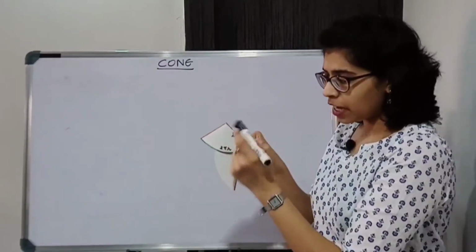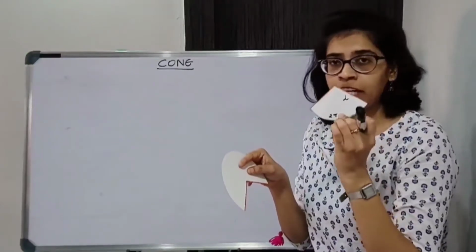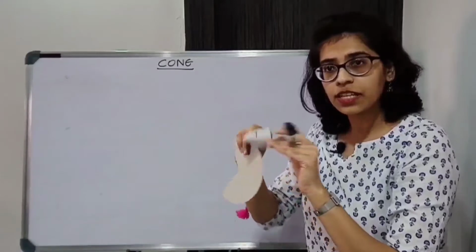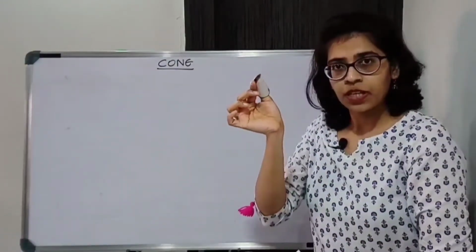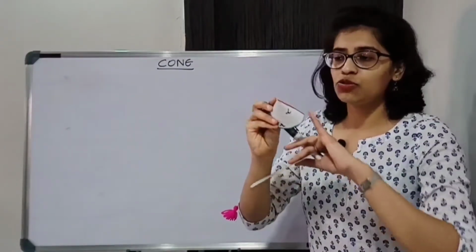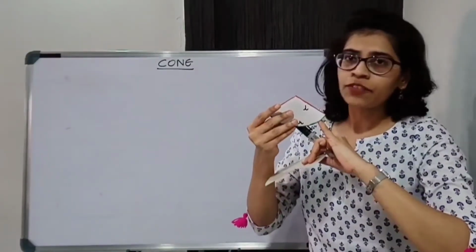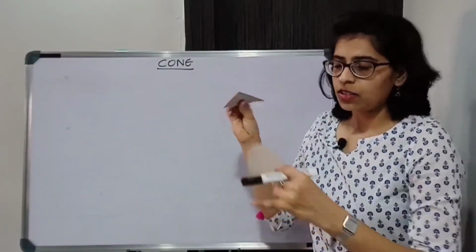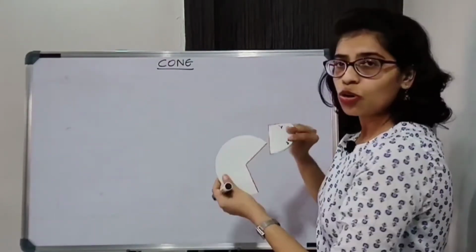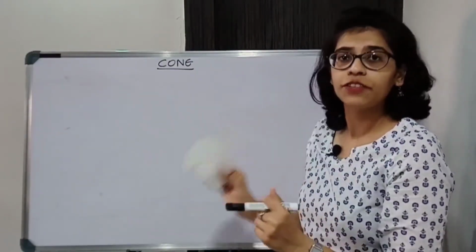Now if I find the area of this sector, that is nothing but the curved surface area of this cone. To find it, I need the area of this sector, which I can easily find with the help of the circle and the sector's dimensions. So for the circle and for the sector, we'll write down what is given to us.